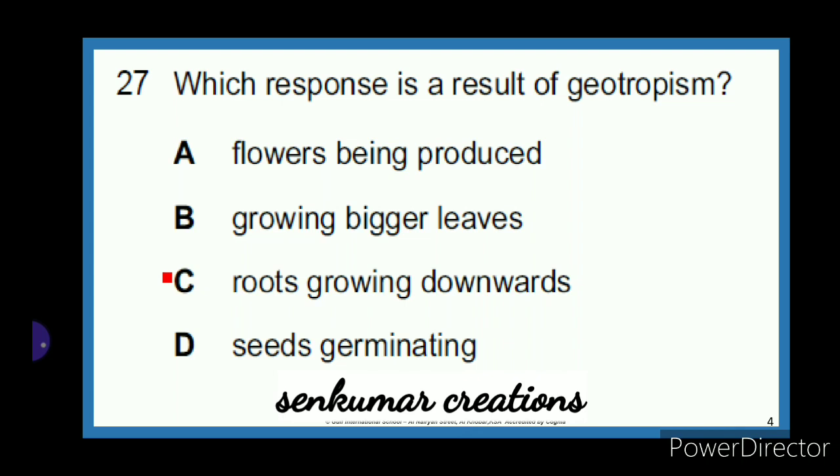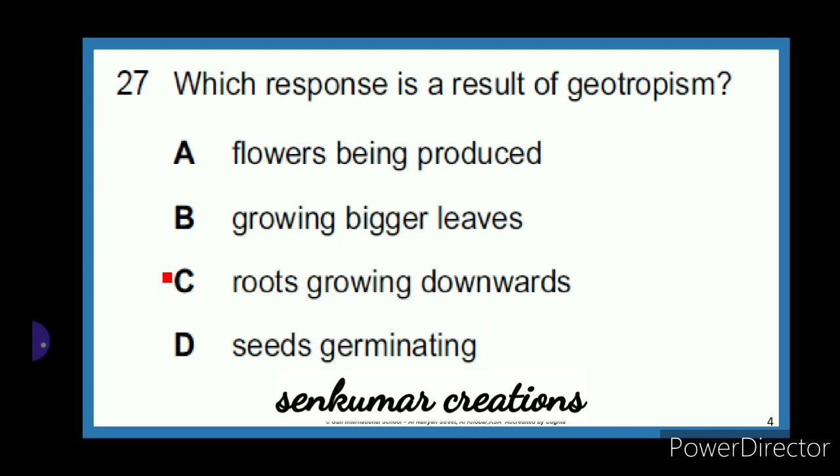Phototropism, again I am saying, let me give the definition for the words phototropism and geotropism. Phototropism is a plant growing towards the light. So the shoot of the plants can grow towards the light. At the same time, the roots are always growing towards the earth, towards the gravity, so we can say geotropism.